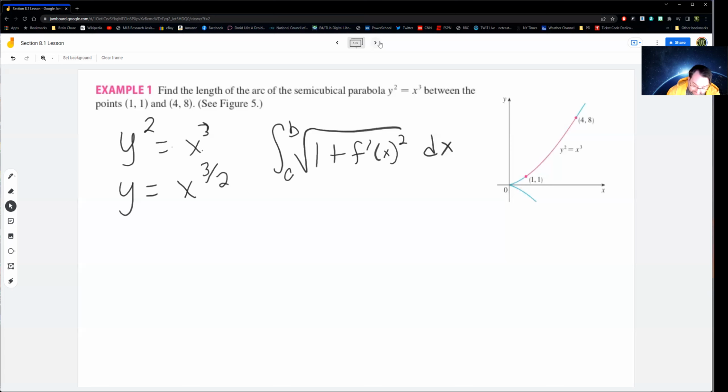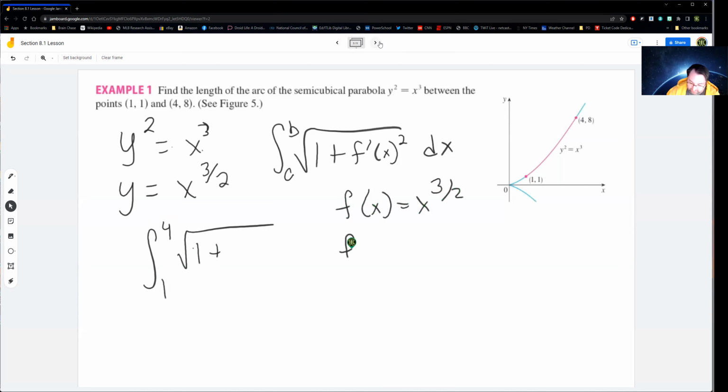All right, so let's plug our information in. We're going from 1 to 4. Since we solved this in terms of x, we use the x values. So we have 1 plus, oh, and I need the derivative of that. f of x is x to the 3/2. f prime of x is 3/2 x to the 1/2.